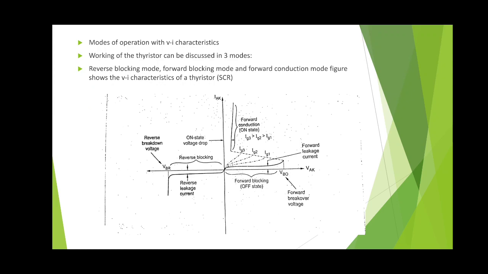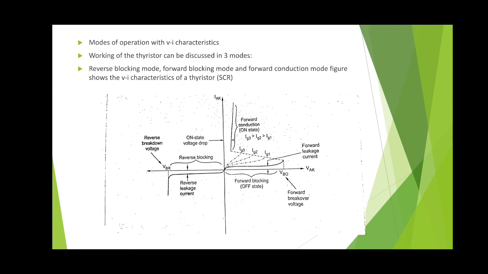By using this diagram, we can understand the working of the SCR. The working of thyristor can be discussed in 3 modes. These are indicated in the diagram. The 3 modes of the thyristor characteristics are reverse blocking mode, forward blocking mode and forward conduction mode.